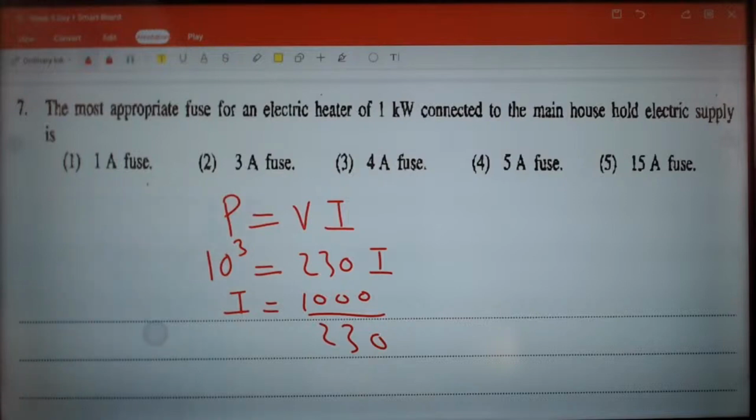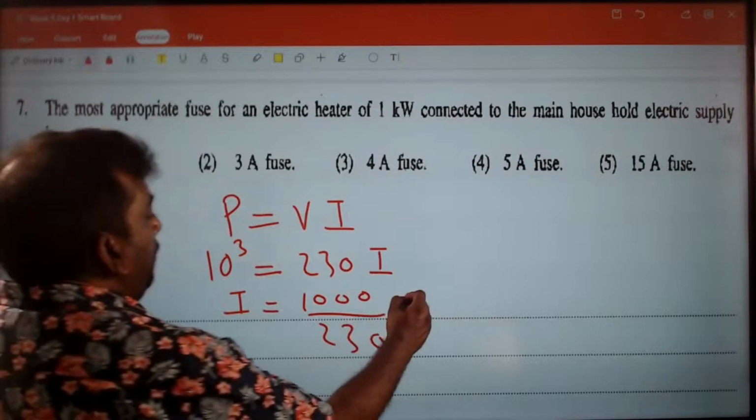If you do the basic simplification, 1000 divided by 230, you will get 4.35 amperes.